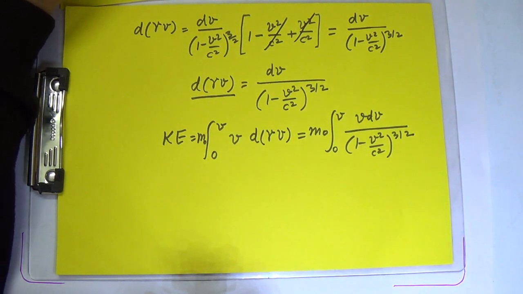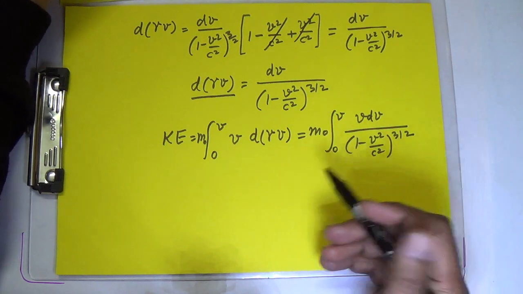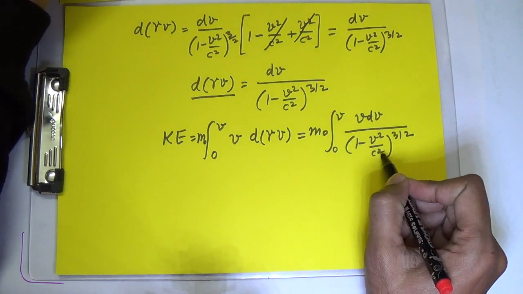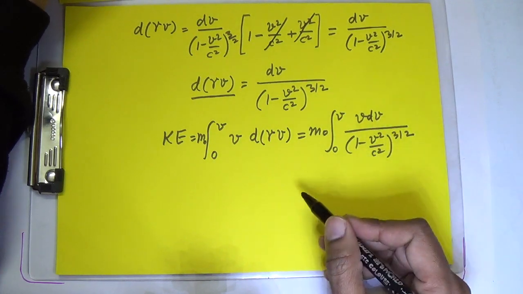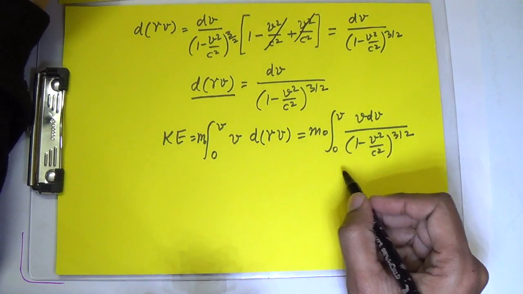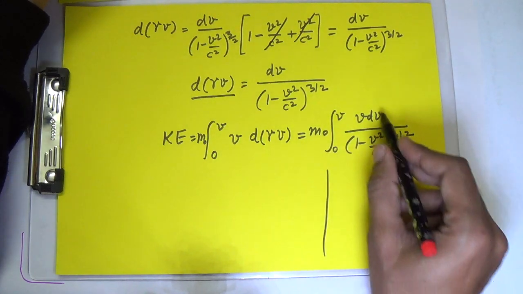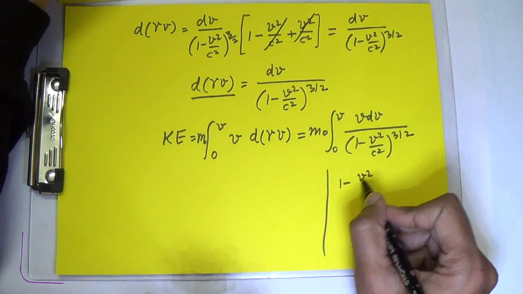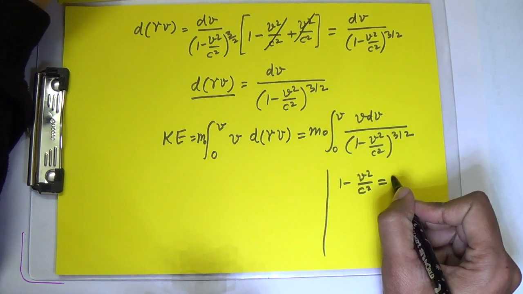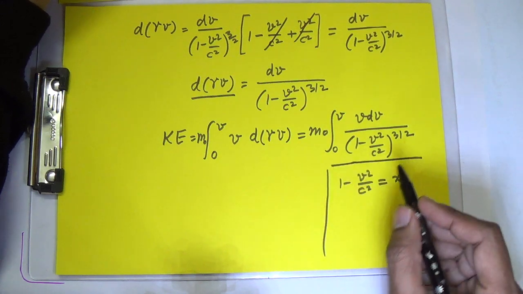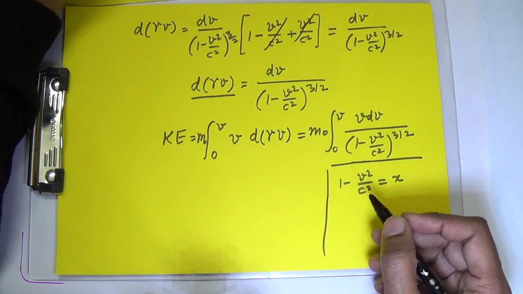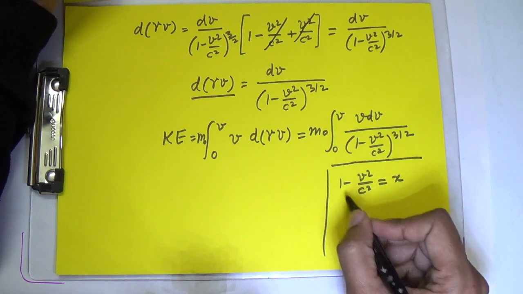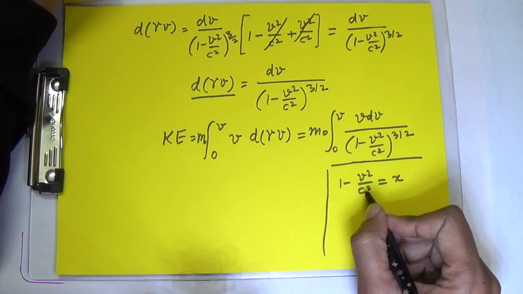For that purpose, I can assume that 1 minus v square upon c square is equal to x. So I want to solve this integration first of all. Suppose I put this value here, and further I will differentiate it with respect to v.